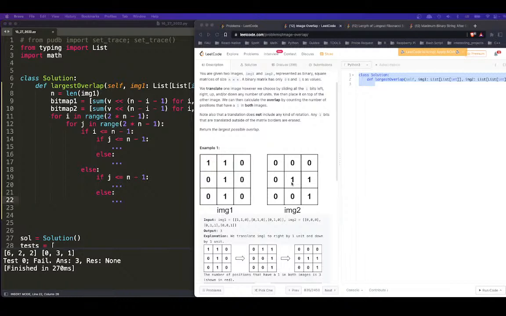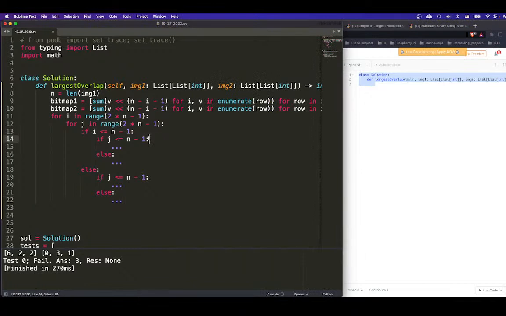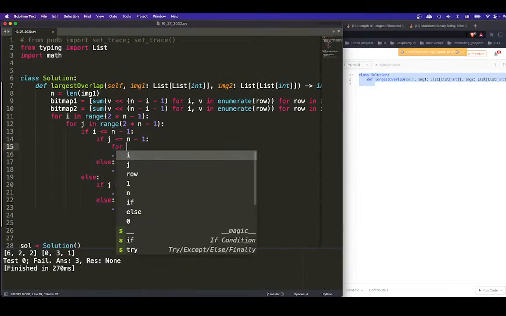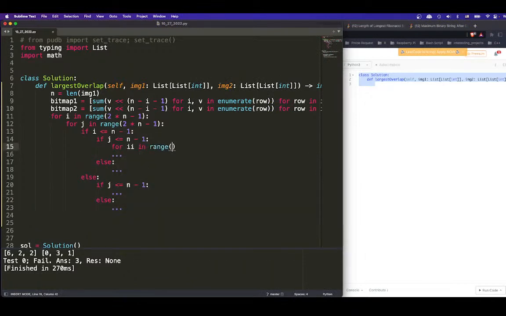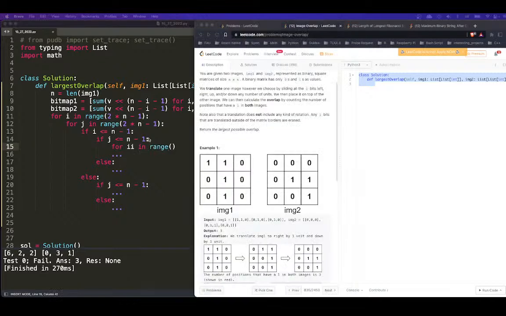So we're trying to get, for I in range, the image 1, right?